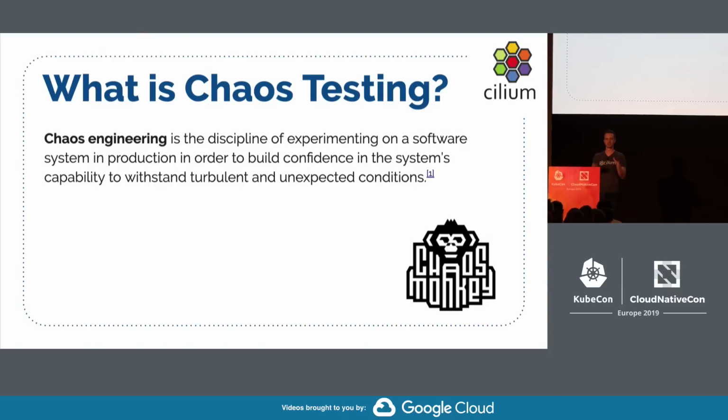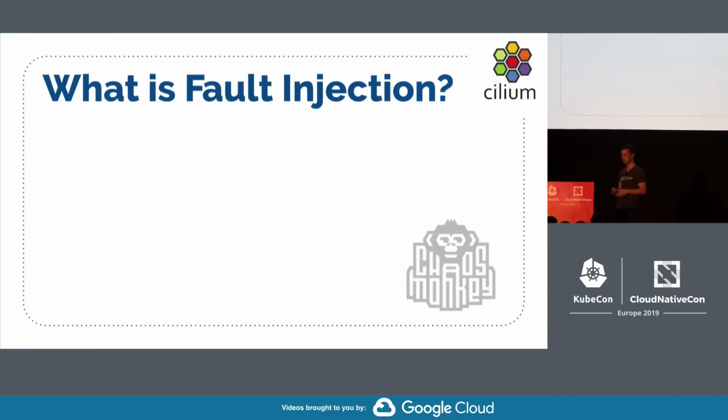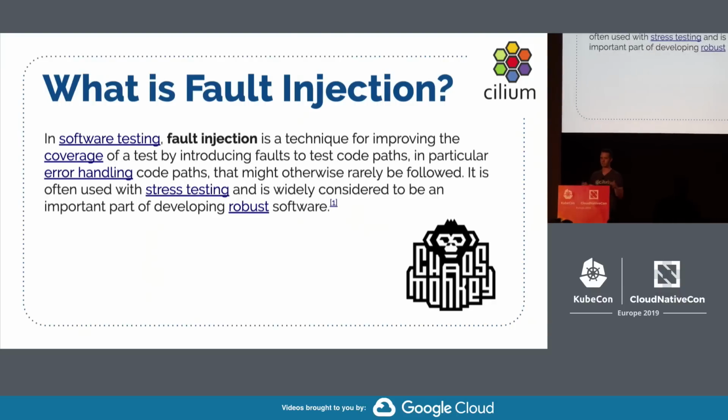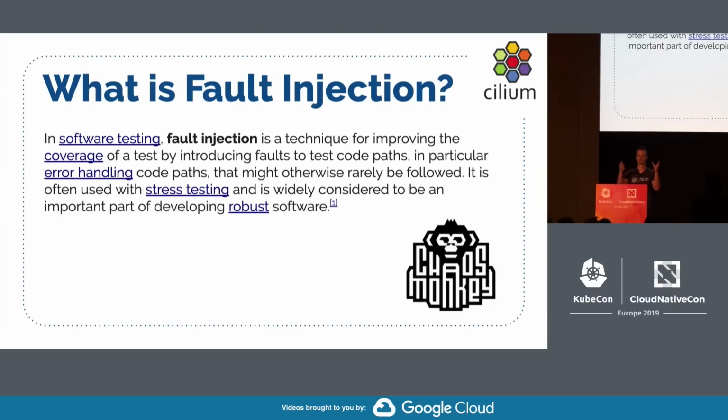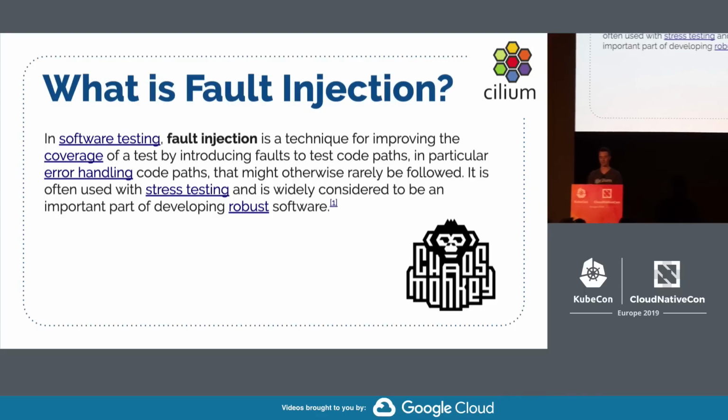What we specifically focus on today is called fault injection, which is one subset of chaos testing. It basically means that we inject faults into software where a fault is not occurring normally. The service is operating regularly, and we want to inject a fault to simulate an outage or a service failure and so on.